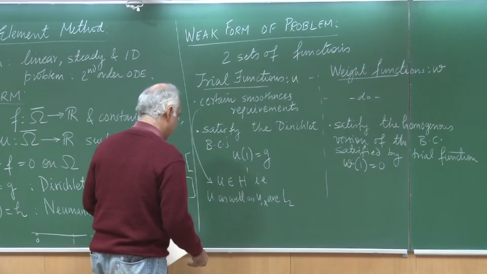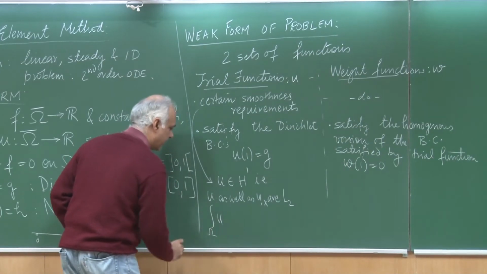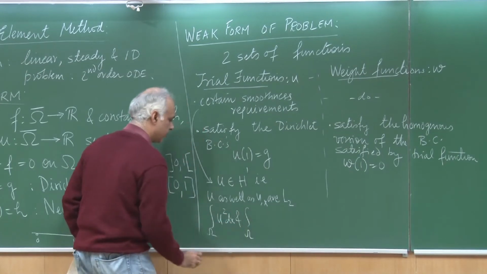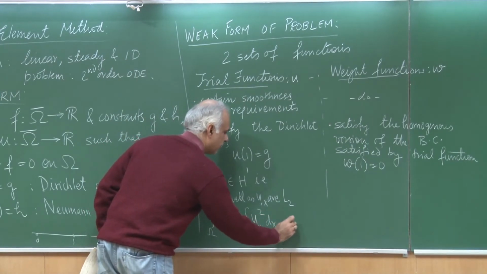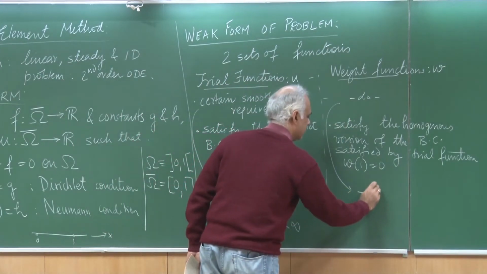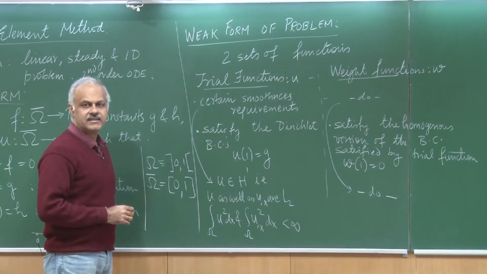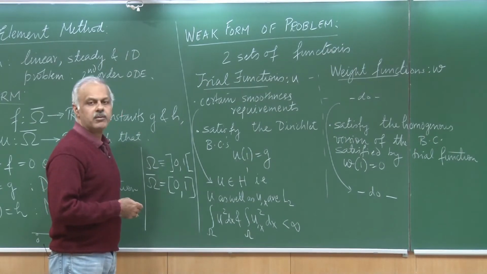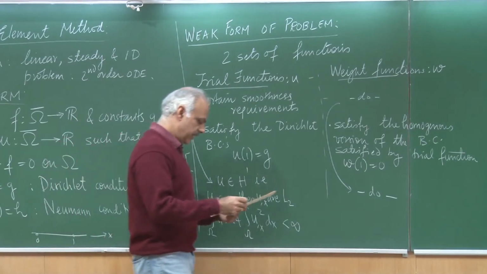If you recall, what we are saying is that the integral over the domain omega of u squared dx and the integral over the domain omega of u,x squared dx should both be bounded. And in fact, we are going to have the same condition for the weight function for this special case, the toy problem that we are considering. But if I consider another problem, then possibly things could be different. We will discuss this a little bit more as we move on.